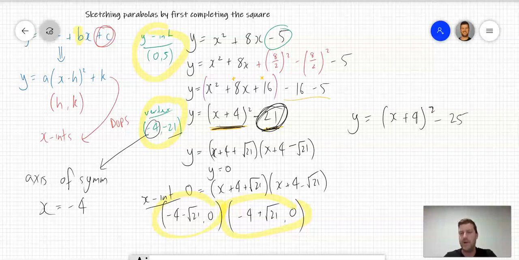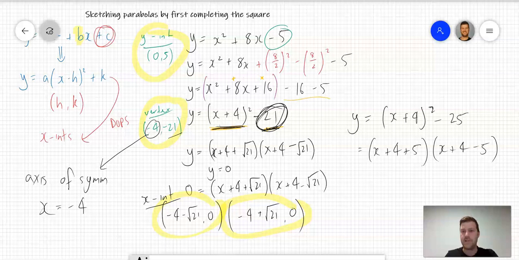Okay, we know 25 is a square number. Next step down would be x plus 4 plus 20, the square root of 25, which is actually 5. X plus 4 take 5.